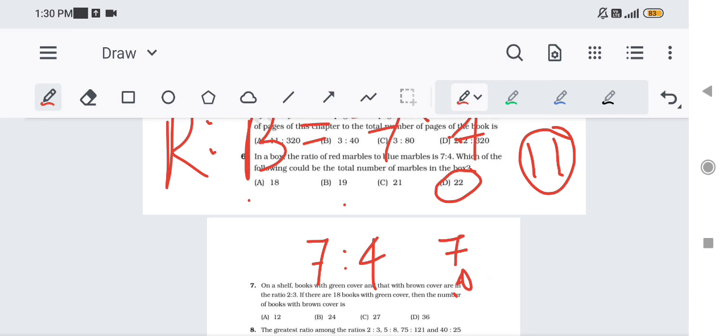So we are assuming that there are total 11 marbles. Definitely we will get such a number as the total number of marbles in the box that will be a multiple of 11. So for question 6, option D will be the correct one, since 22 is a multiple of 11.